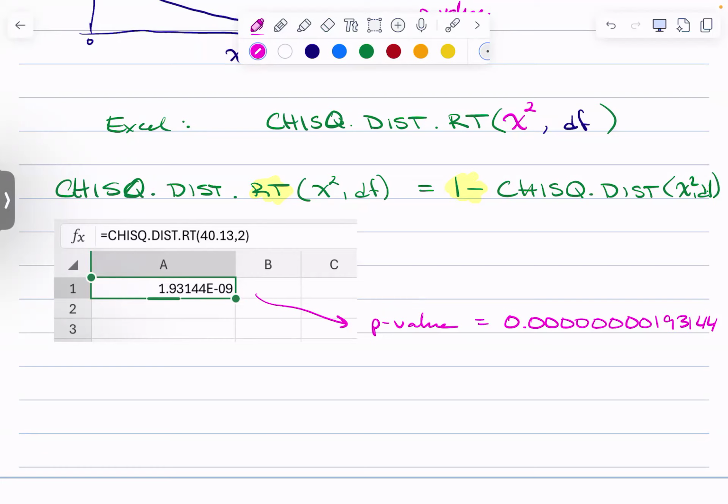Very, very small. You can think of this as the probability that the null hypothesis is true.